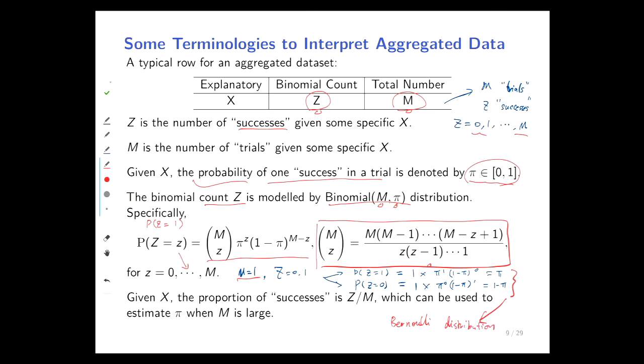Hence, the Bernoulli distribution is a special case of the binomial distribution. If you still remember, we have talked about it in the binary logistic regression model. So it's a special case.